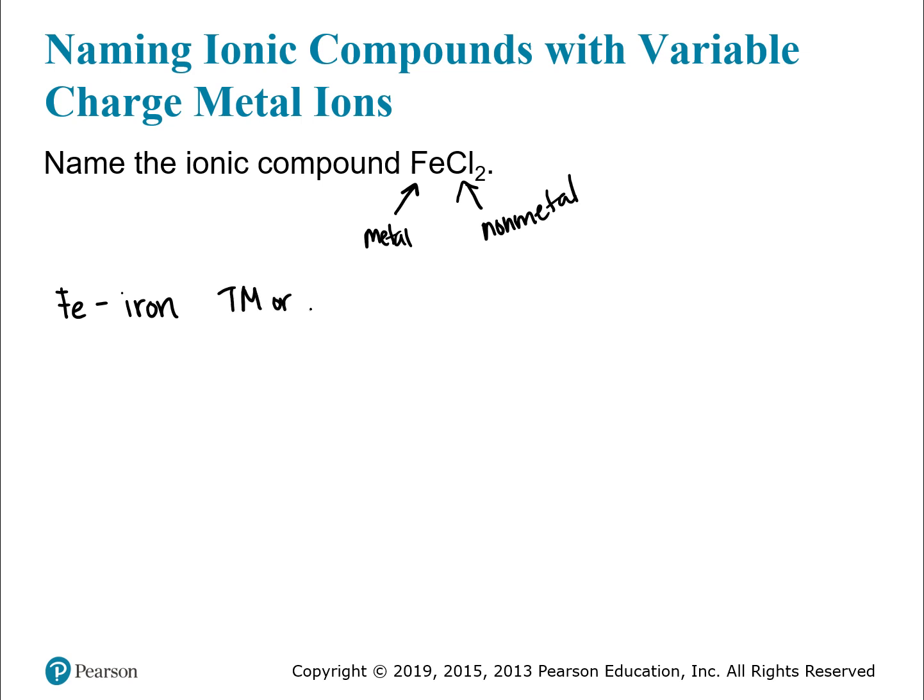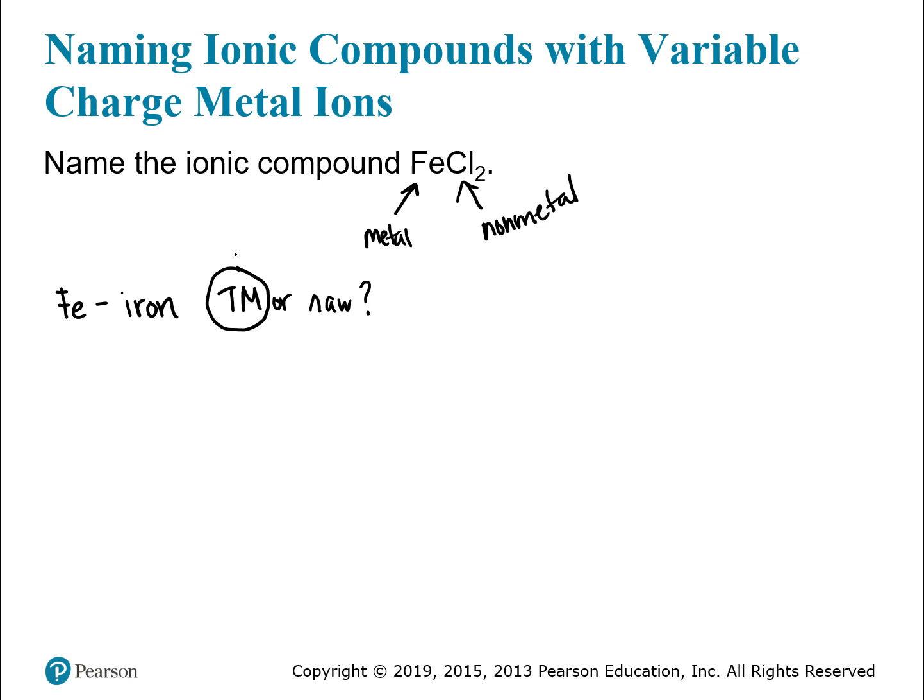Transition metal or no? It's a transition metal. Is it an exception? No. The exceptions are zinc, cadmium, and silver. This is iron. Since it is a transition metal, we can't figure out its charge right away.